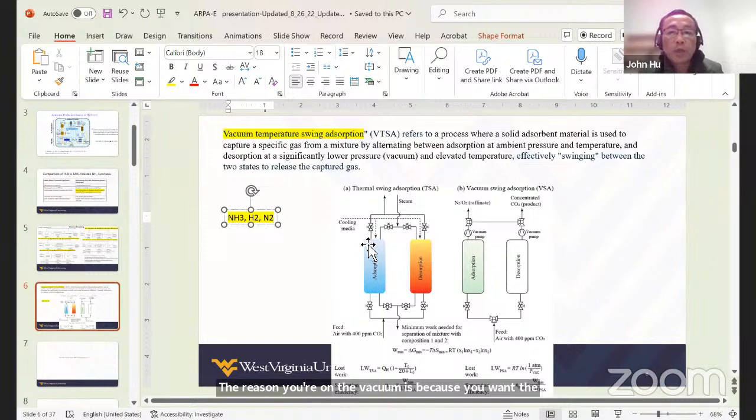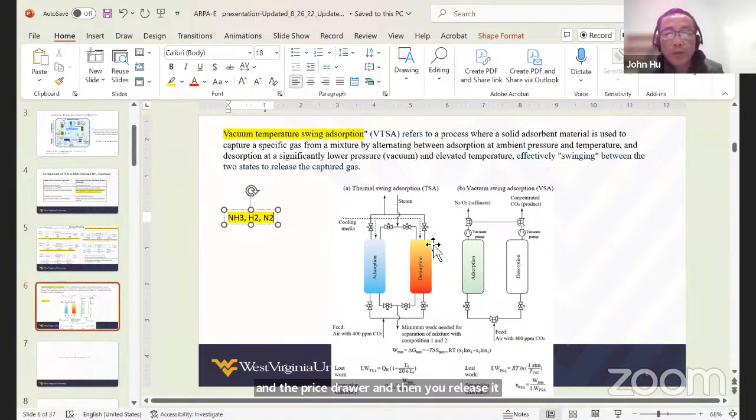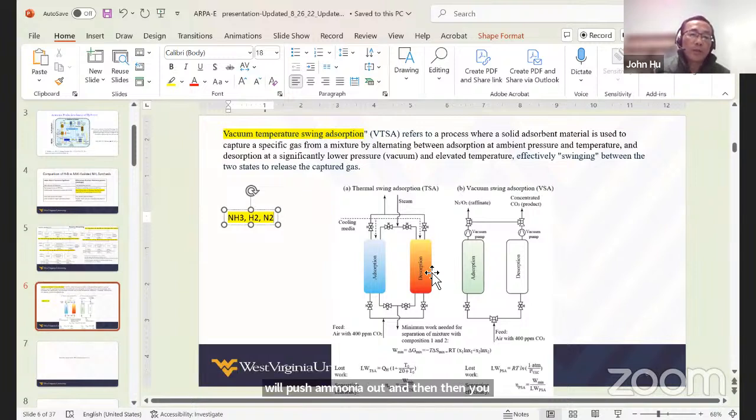So there are 2 operation modes. One is adsorption, the other is desorption. Adsorption means you adsorb the material under pressure, and then you release it under the vacuum and elevated temperature. So temperature and vacuum will push ammonia out, and then you can refresh or regenerate it.